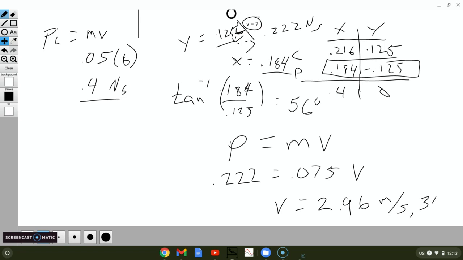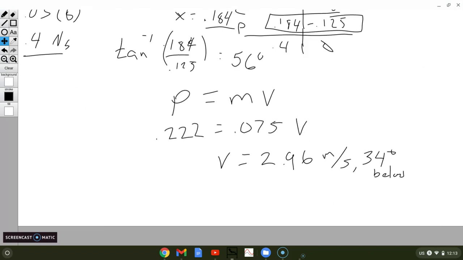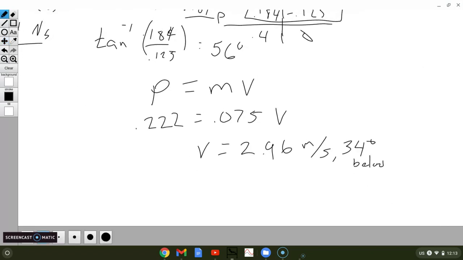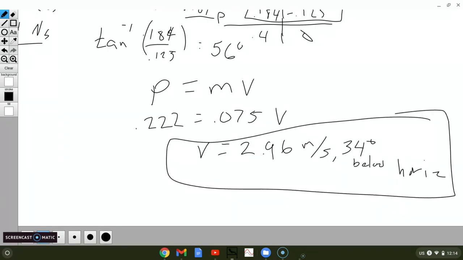So this is 34 degrees, we would say, below horizontal. Hold on, let me move. See if I can get all that on there. That's supposed to say horizontal. So that would be my answer there.